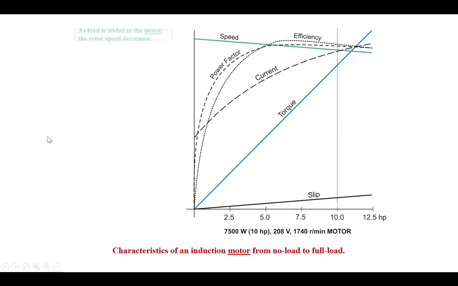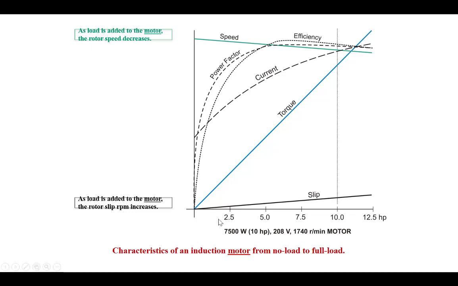And we can start with rotor speed. That's one of the best things to start with whenever we think about a three-phase motor. Whenever we add load to a three-phase motor, it's going to slow down. If we have basically no load at this point in our graph and then slowly add load, the motor has to provide more power to turn that load.